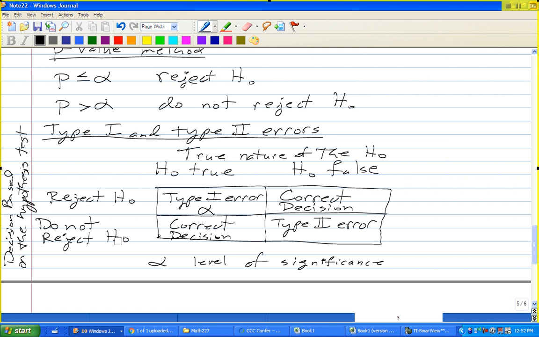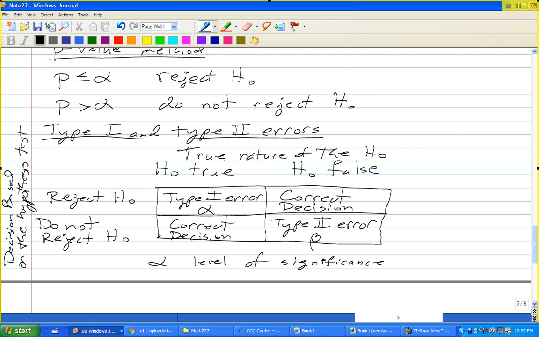And so they let the null hypothesis go free. So that is called a type 2 error, where you have let a guilty null hypothesis go free. You did not reject a null hypothesis that was indeed false. The probability of having a type 2 error is called beta.